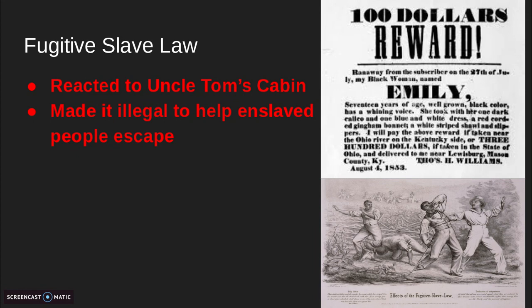Now, do you think people in Ohio and abolitionists were happy about this? No, not at all. And do you think they stopped helping runaway slaves escape to freedom? No. Actually, it motivated them to do more.